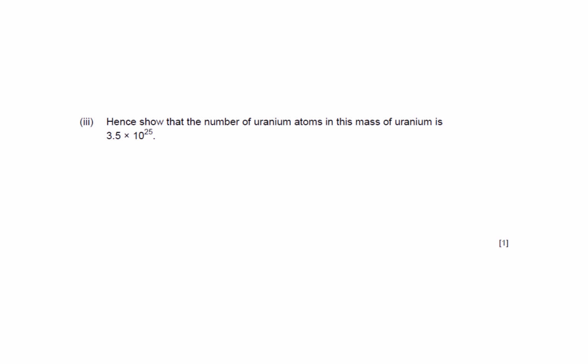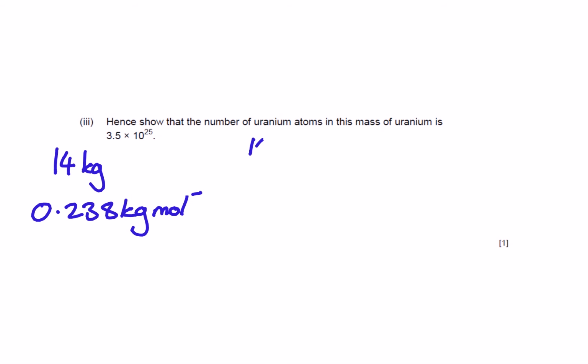And on to part 3, hence show that the number of uranium atoms in the mass of uranium is 3.5 times 10 to the 25. So we know we've got 14 kilograms of uranium. What I need to know is how many moles of uranium we have there. 1 mole is going to equal 0.238 kilograms per mole.